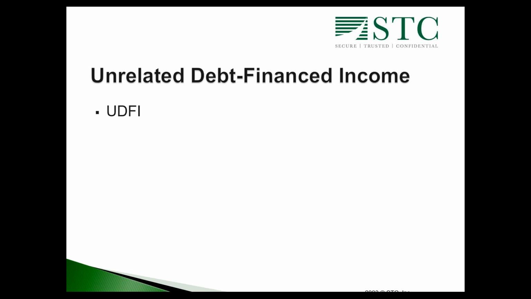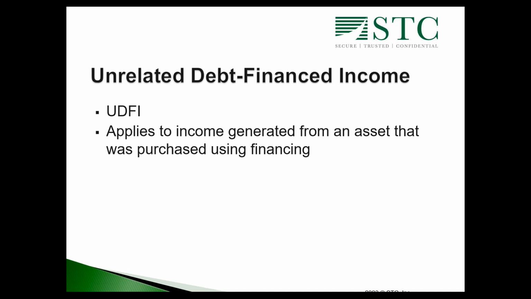Now, a subset of UBIT is unrelated debt finance income, which is taxable, UDFI. This applies to income that's generated from an asset that was purchased using financing. So first, let me say, if your retirement account has purchased an asset and fully funded it, you didn't get a loan, you bought it outright from funds in your retirement portfolio, then this doesn't apply.